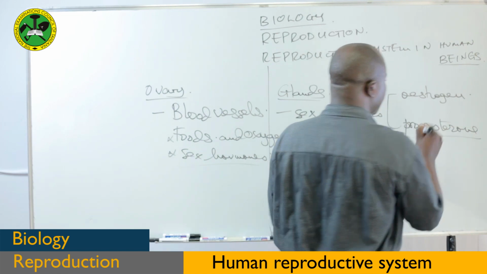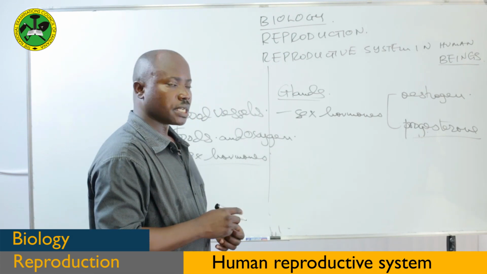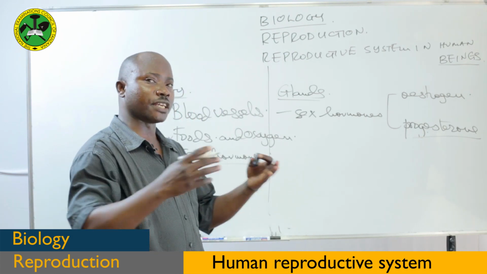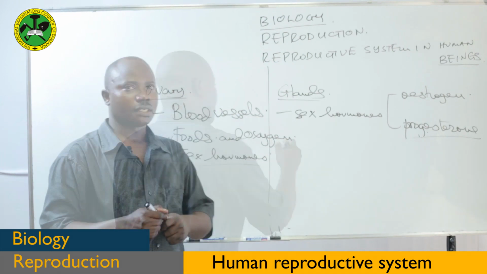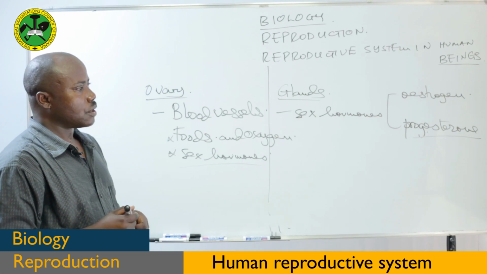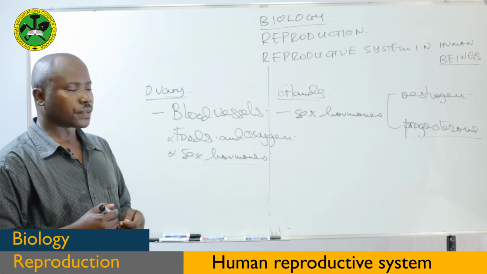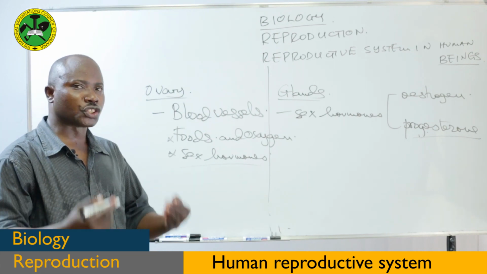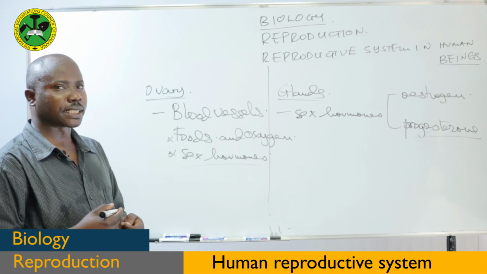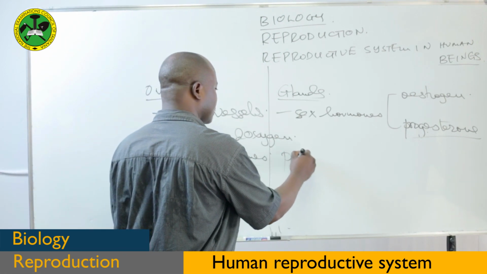This hormone is produced during the menstrual cycle just after ovulation to prepare the endometrium ready for implantation. Also, the inner part of the ovary consists of cells that give rise to female reproductive cells. These are primordial germ cells.